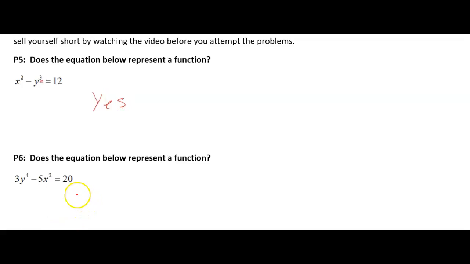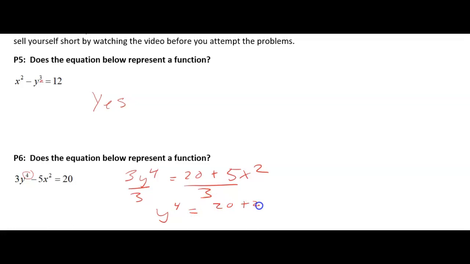When I look at problem 6, I see I have a fourth power. If I were to solve this to isolate y, I would have had to add 5x squared to both sides, and then divide both sides by 3. And then if I want y by itself, I can see I'm going to have to take a fourth root.